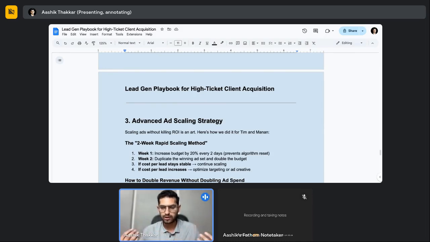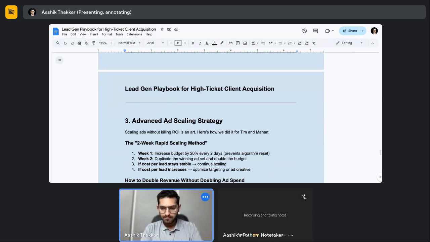How on earth would people who were spending $100 want to spend $1,000 in a single day? Practically it is not possible. As simple as that, the Facebook algorithm does not like it. So let's follow its guidelines and make the Facebook algorithm our friend.